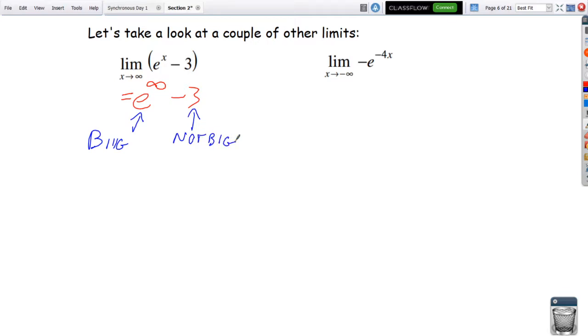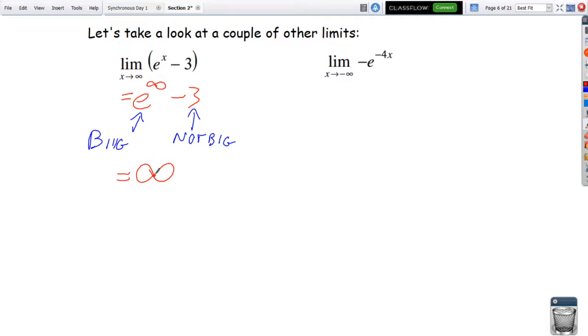So big minus not big is going to give us still big. What I'm trying to say here is e to the infinite power is essentially infinity. If you get an infinite value and you take off a finite amount, you know what you have? Still infinity. So anytime we talk about infinity, if we take off a finite amount, it's still going to be infinity.